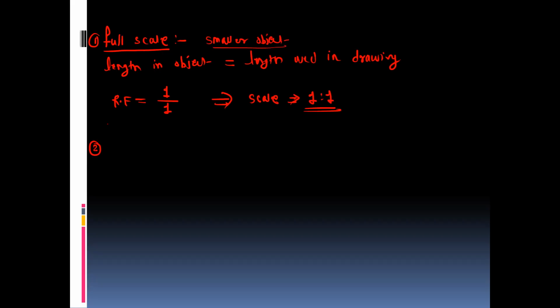Then second is a reduced scale. This is used for the large objects. For the large object, we cannot represent this object by using a full scale on the drawing sheet, and therefore we need to reduce this scale.